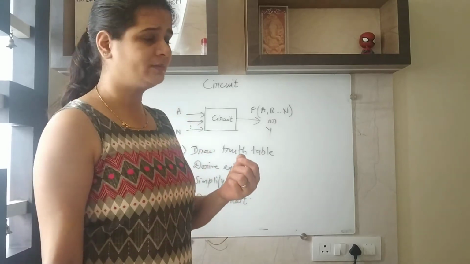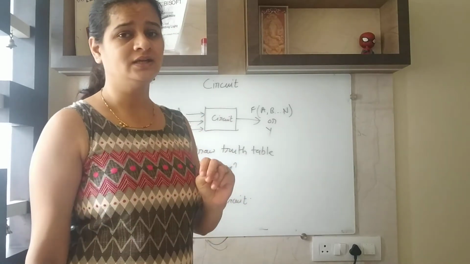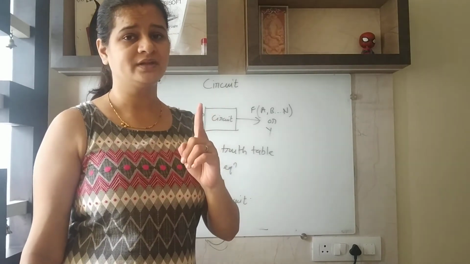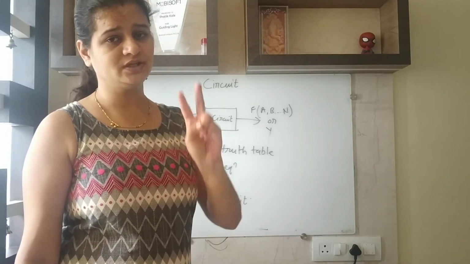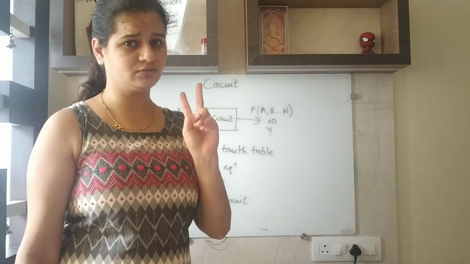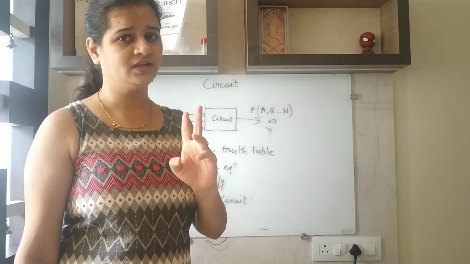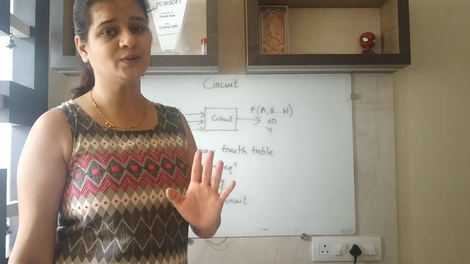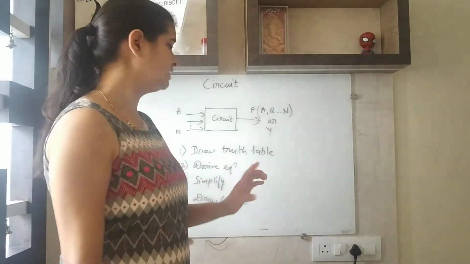Mainly two columns are there in a truth table, one input column and one output column. There may be any number of inputs and any number of outputs in a truth table, right?